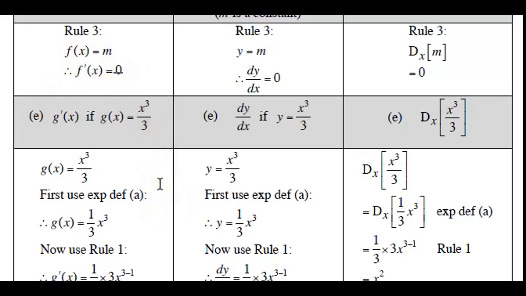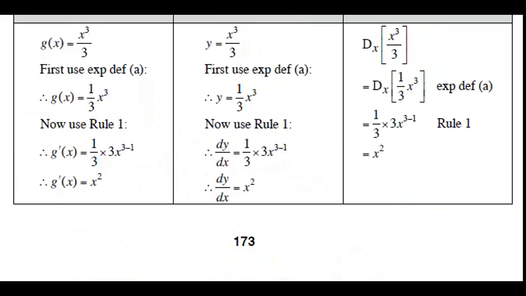And then we get fractions. Fractions is the same thing. All you have to do is write it in another way that makes sense, and that will be a third. Okay, so if you write it as a third x to the power 3, then all you're going to do is place your 3 in front. Okay, so notice here there was a power 3, place the 3 in front. 3 times 1/3 in your calculator will give you 1.